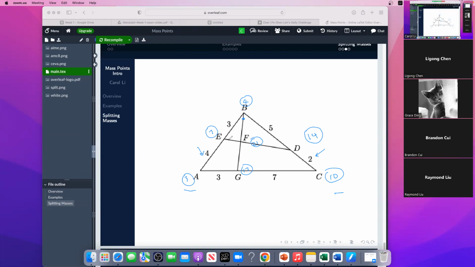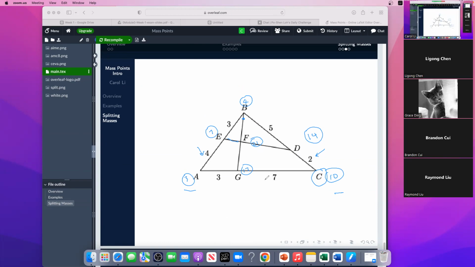EF to FD is not the issue here. The issue, I think, is C. So C is where we are going to have split masses. Or it could be A here, which is why I'm thinking.